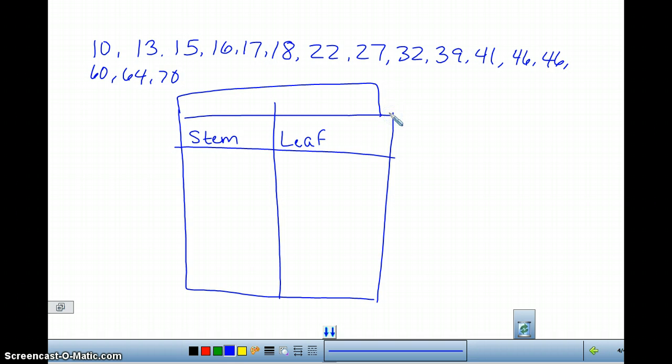It's there for us. Ages of people in a store. Years. We need to put a key at the bottom. So I'm just going to write right now key so I don't forget that.